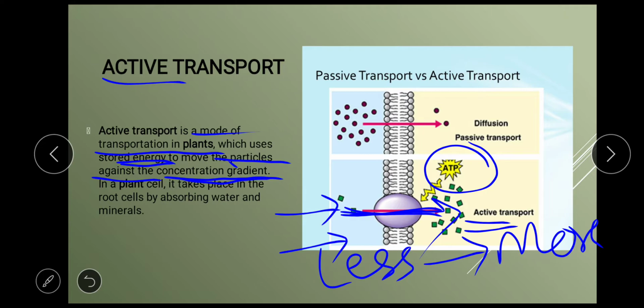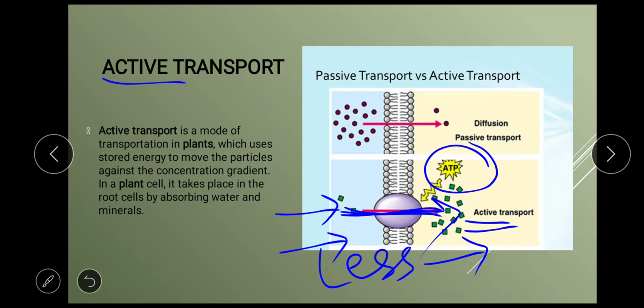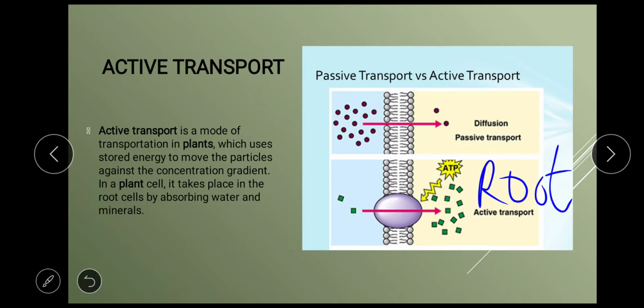Against concentration means it goes to where there is higher concentration. In plants it takes place in root cells for absorbing water and minerals. Means what? Let's understand. For example, here on the right side is the root, and on the left side is the soil water.